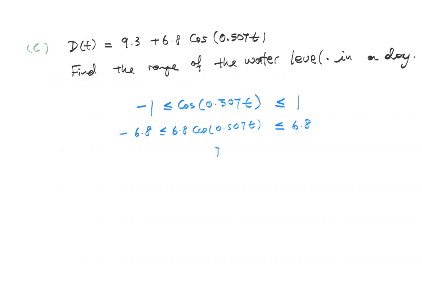So my D, highest 9.3 plus 6.8, lowest 9.3 minus 6.8. So the depth, highest is, you can find. So this will be the range. Understand or not? For trigo, you have to remember that. Faham?